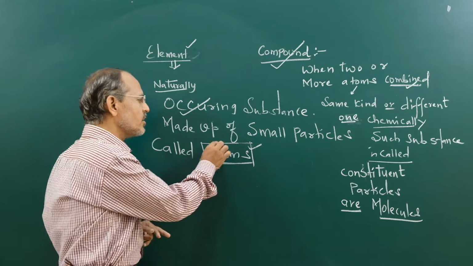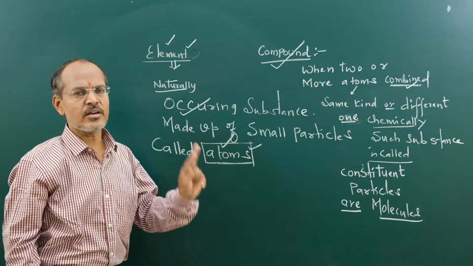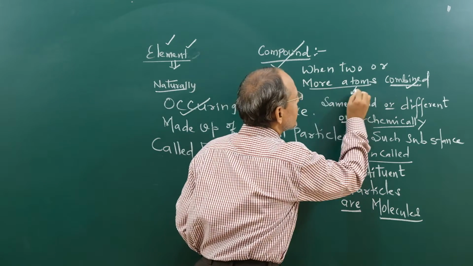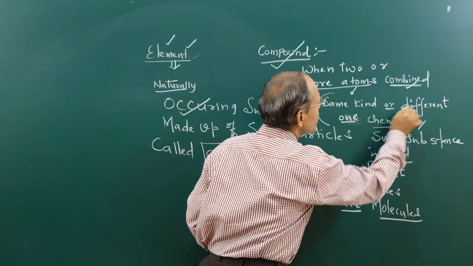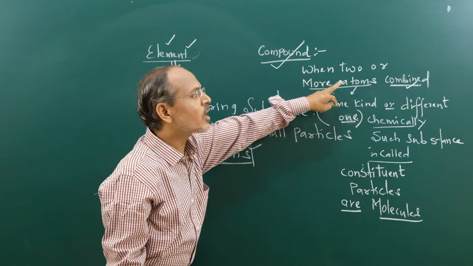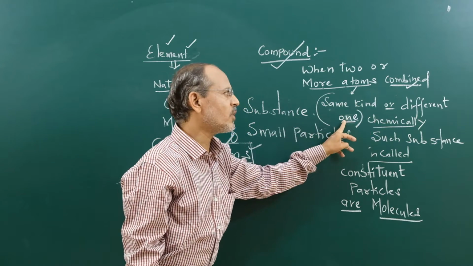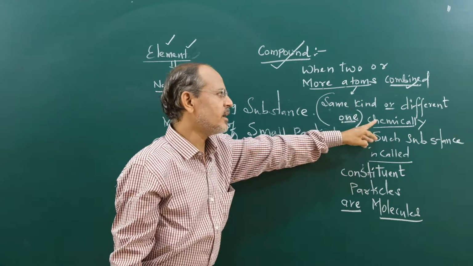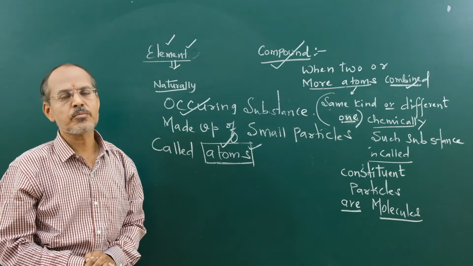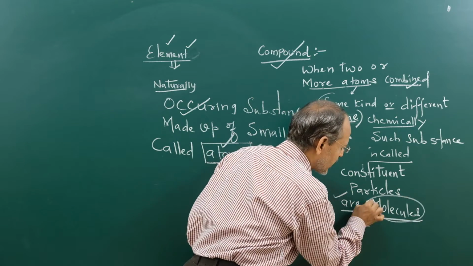So atoms are the constituent particles of an element. Like that, when two or more atoms, either of the same kind or different ones, combine chemically, then such a substance we call a compound. And the constituent particles are nothing but molecules.